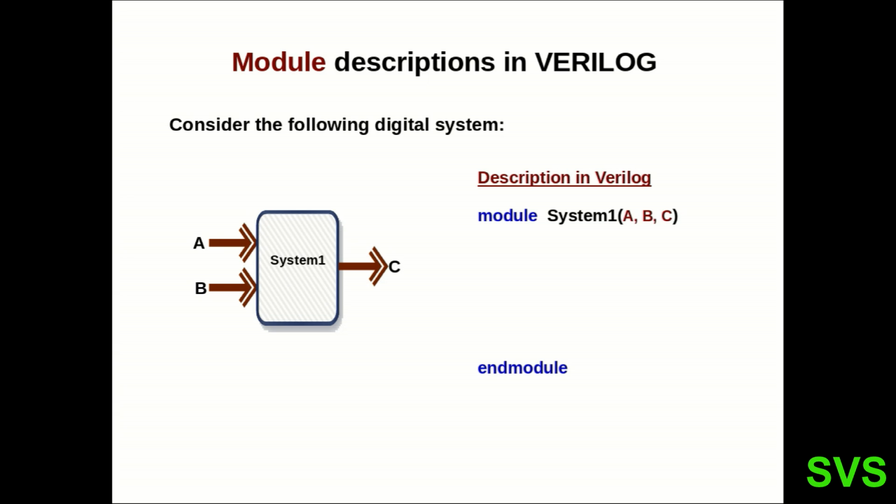Now to segregate the terminals as inputs, outputs, and then single bit or multi-bit, and various other attributes, we do terminal declarations, and then to describe the functionality, we have the procedural block or the functionality.